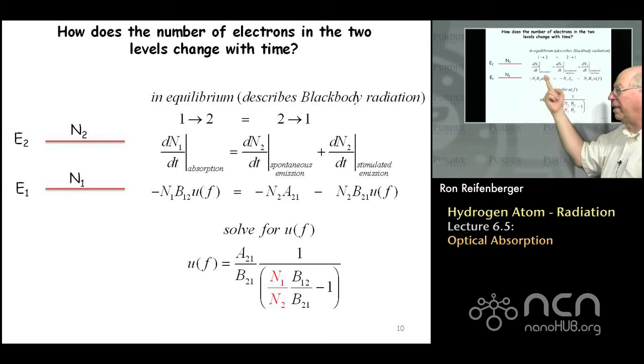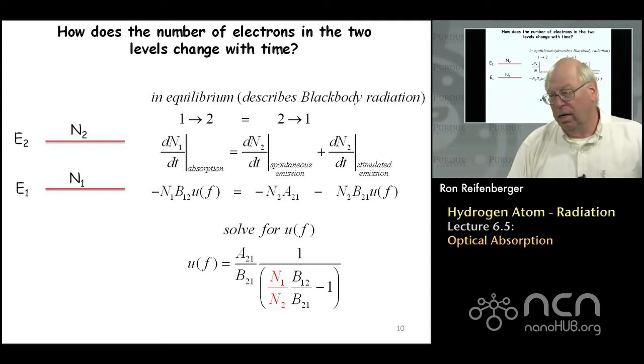So this equation has to be true for this equilibrium condition to be met. And if you go back and look at those three equations in those three red boxes, you can see that you can write each of these three terms in terms of the number of atoms in the upper level and these different rates that depend on the incident radiation field U sub F. So this equation directly follows from this equilibrium constraint that we've imposed.